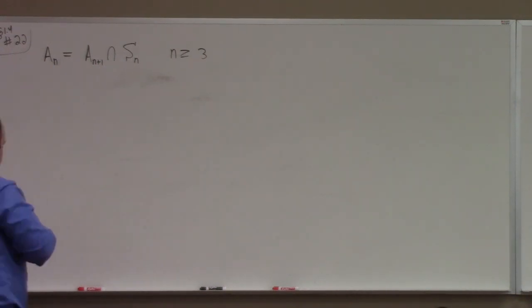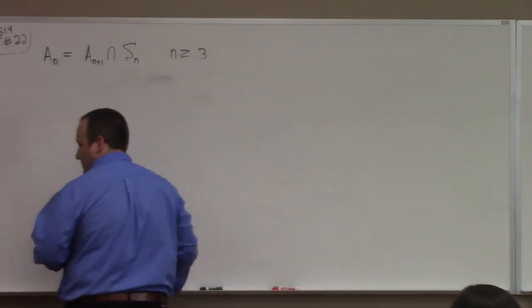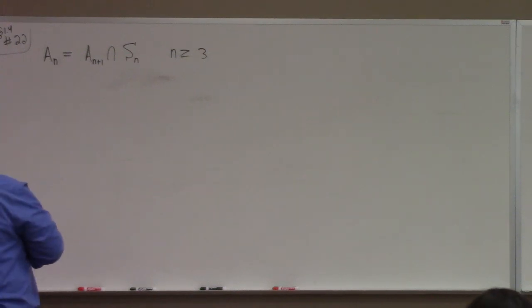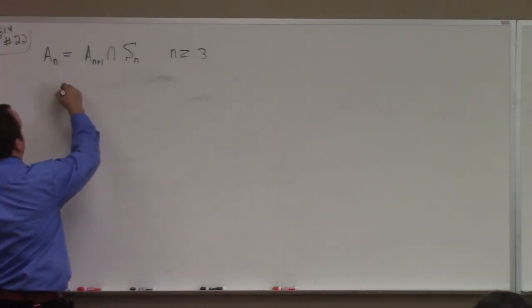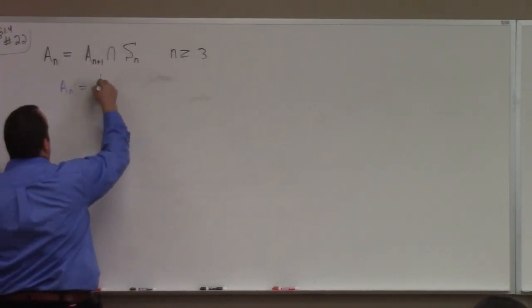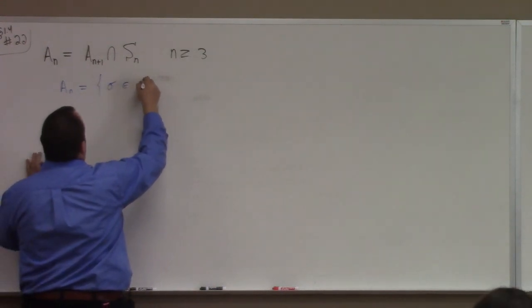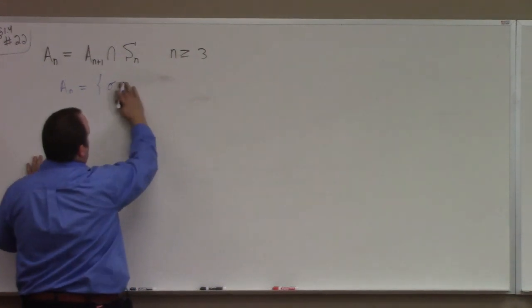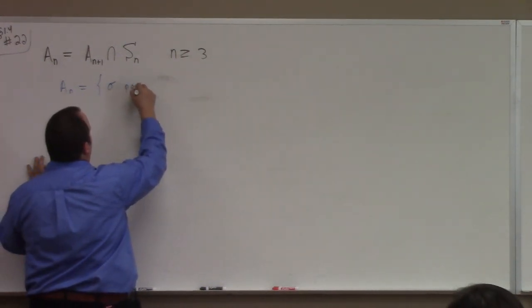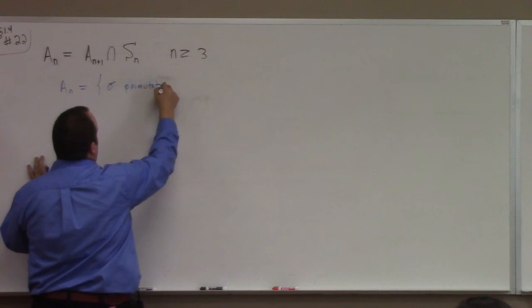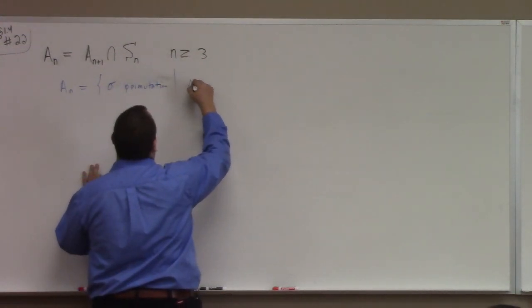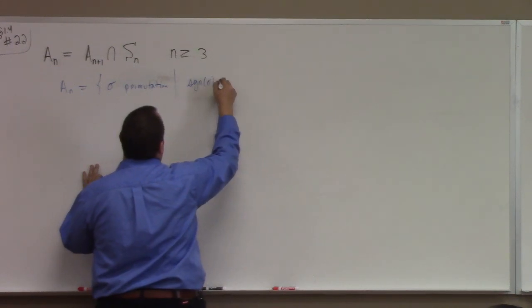So does anybody here have an idea? I mean, what is A_n to start with, right? To understand the question, we should understand what A_n is. So A_n is equal to sigma in S_n, well, let's just say permutations, with the sign of sigma equal to 1.